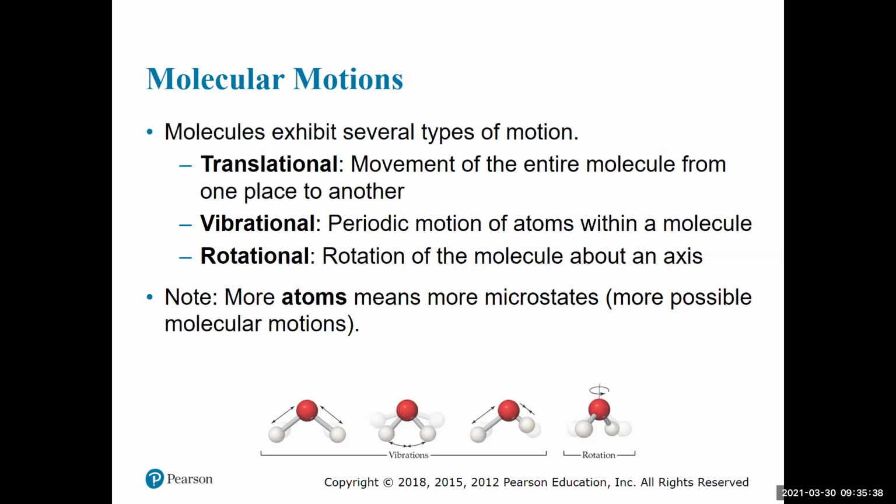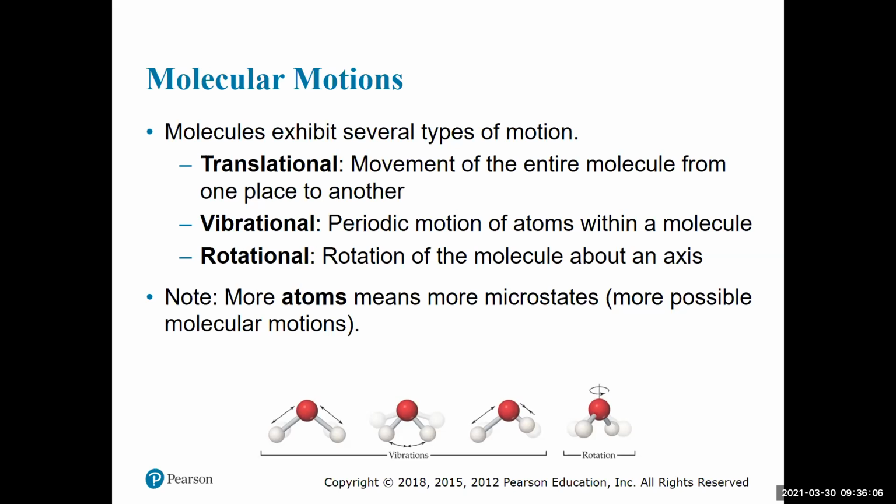But there are also two that I think are a little more interesting. One is vibrational and one is rotational. Vibrational is defined as periodic motion of atoms within a molecule. To understand that, let's look at the figures down on the bottom here. The first three on the left are marked with vibrations. You see these atoms.